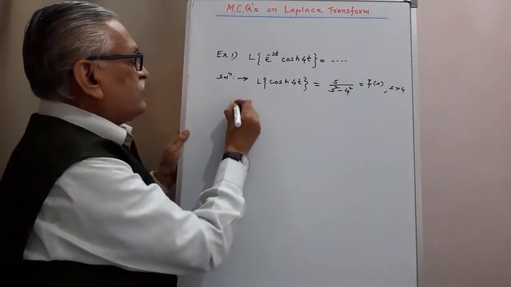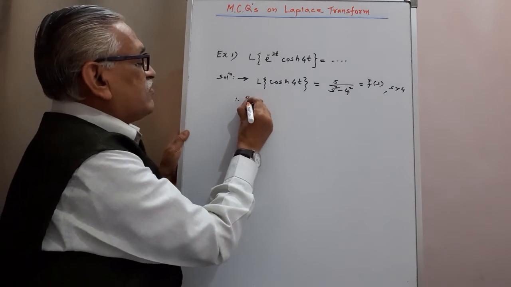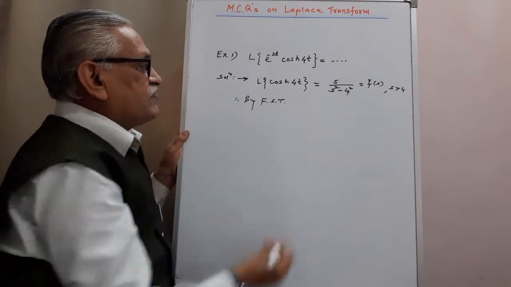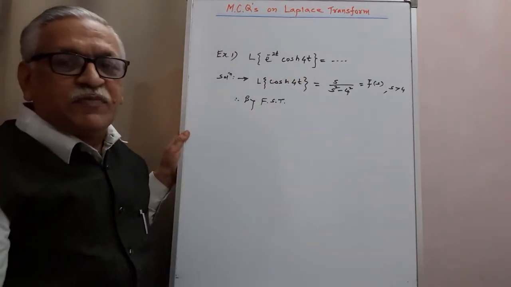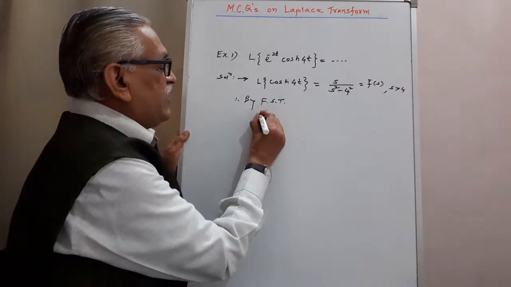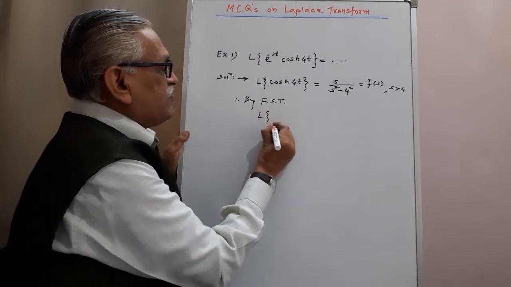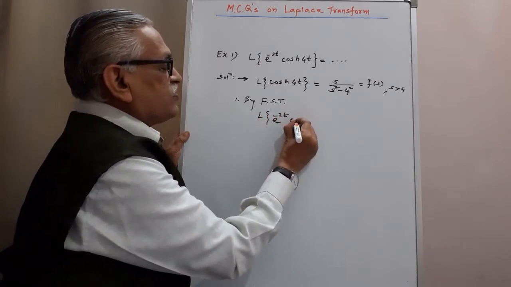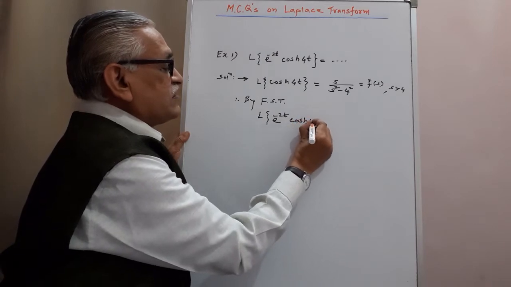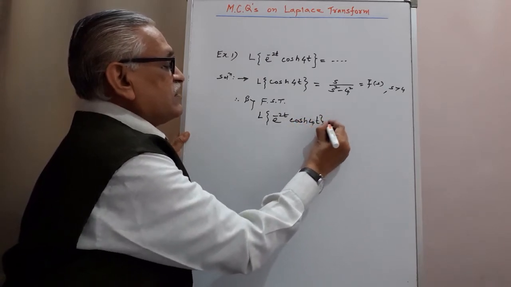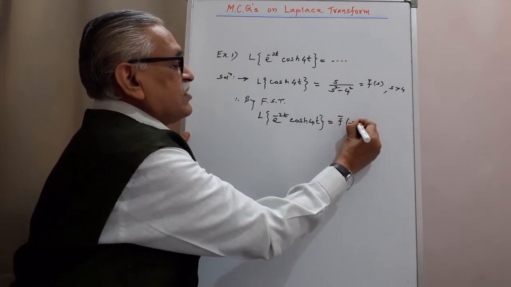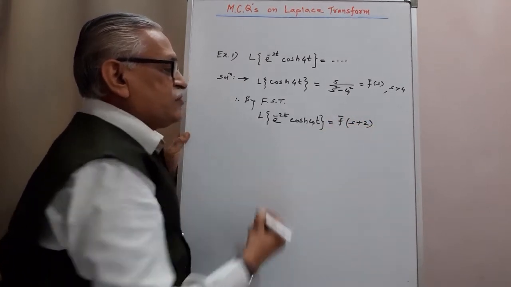Therefore, by the first shifting theorem, as that function is multiplied by e raised to minus 2t, the Laplace transform of e raised to minus 2t into cos h 4t is equal to f bar of s plus 2.